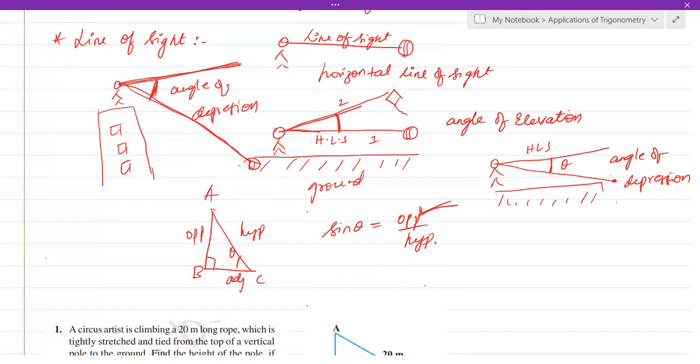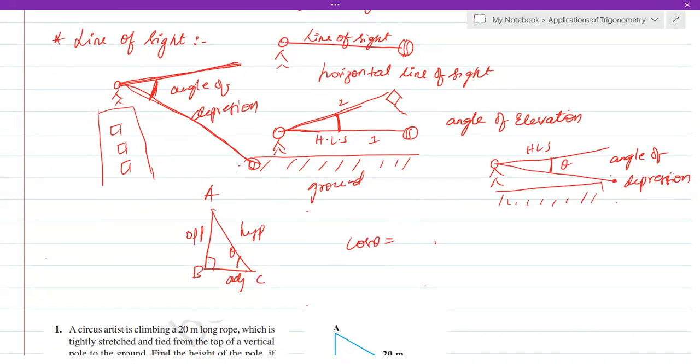So we know this, we also know this from the question. We have to find this, therefore we are going to use sine theta. So if opposite is known and hypotenuse is not known, or vice versa, if hypotenuse is known and opposite is not known, then we are going to use sine theta. Suppose you know the value of the adjacent side but you don't know the value of the hypotenuse, in that case we are going to make use of cos theta.